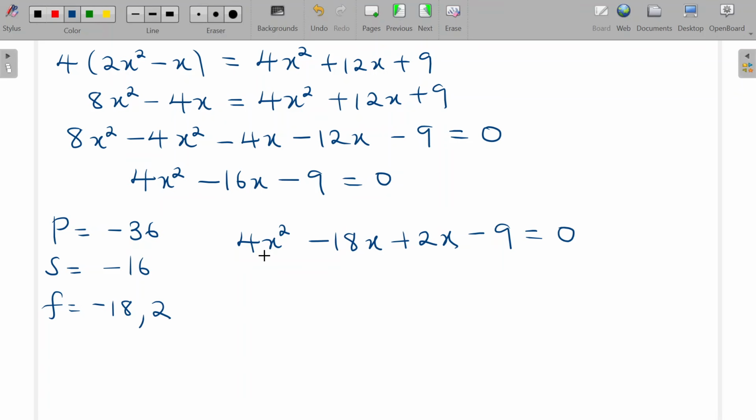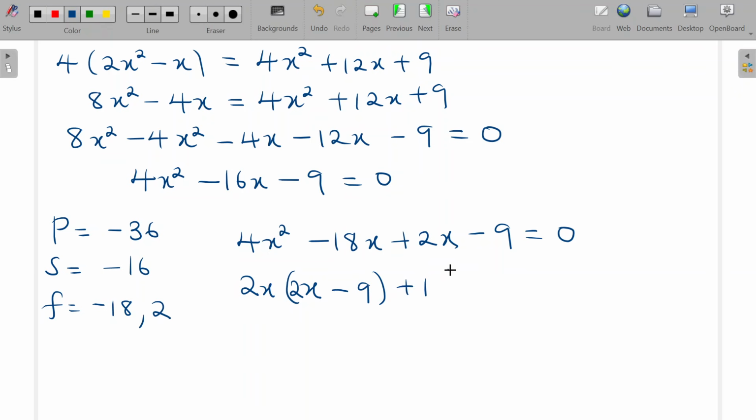On this side, what is common on these two? It is 2x. Open brackets: 2x into 4x squared gives 2x, and 2x into negative 18x gives minus 9. On this side, what is common?